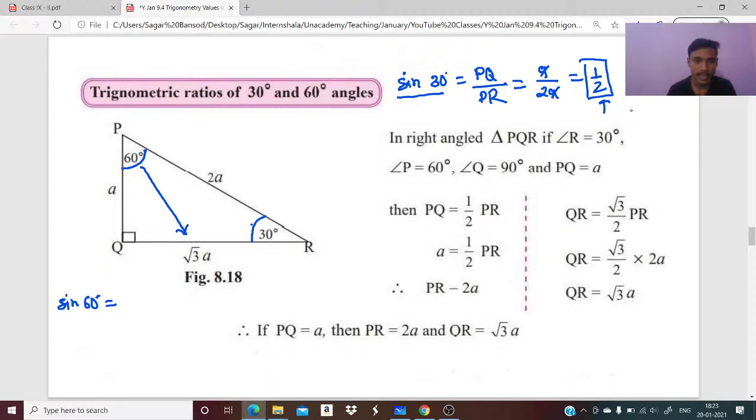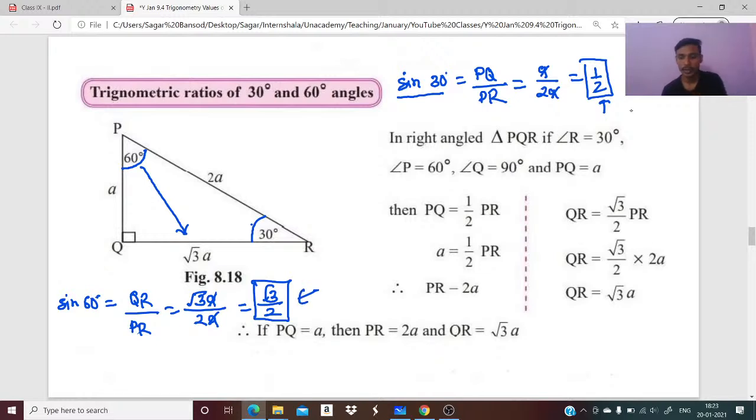Your opposite side is QR and the hypotenuse is PR. The length of QR is root 3A, and the length of PR is 2A. So this A will get cancelled out and you will be left with root 3 by 2. Therefore, sine 60 degree is root 3 by 2.